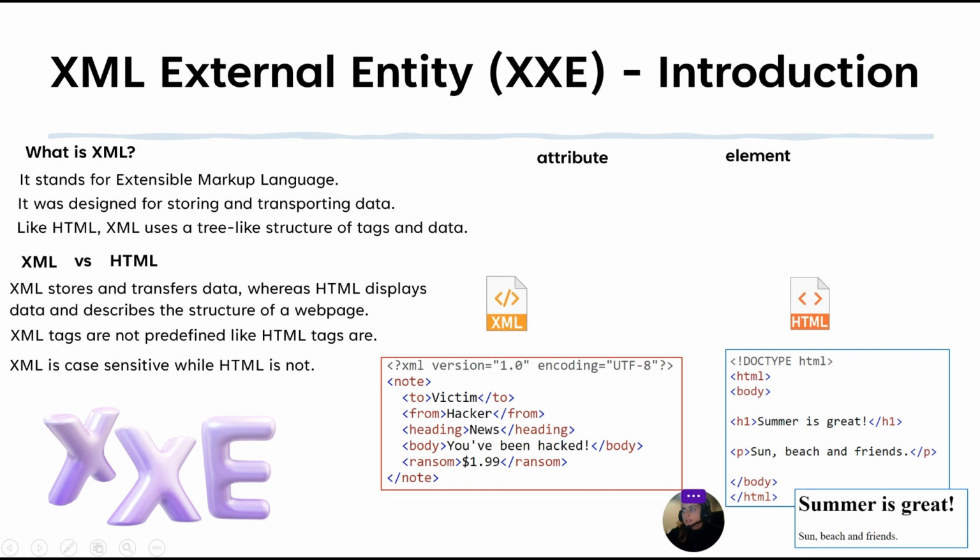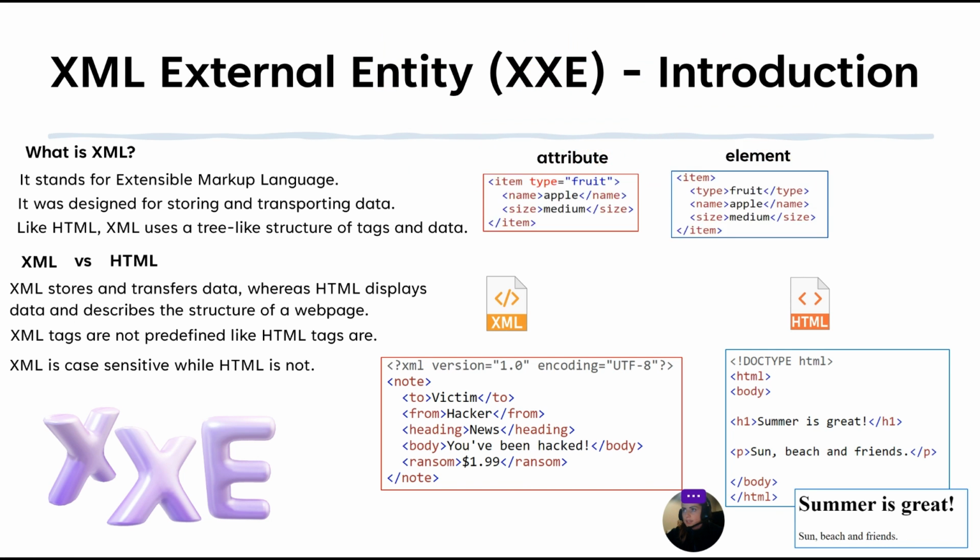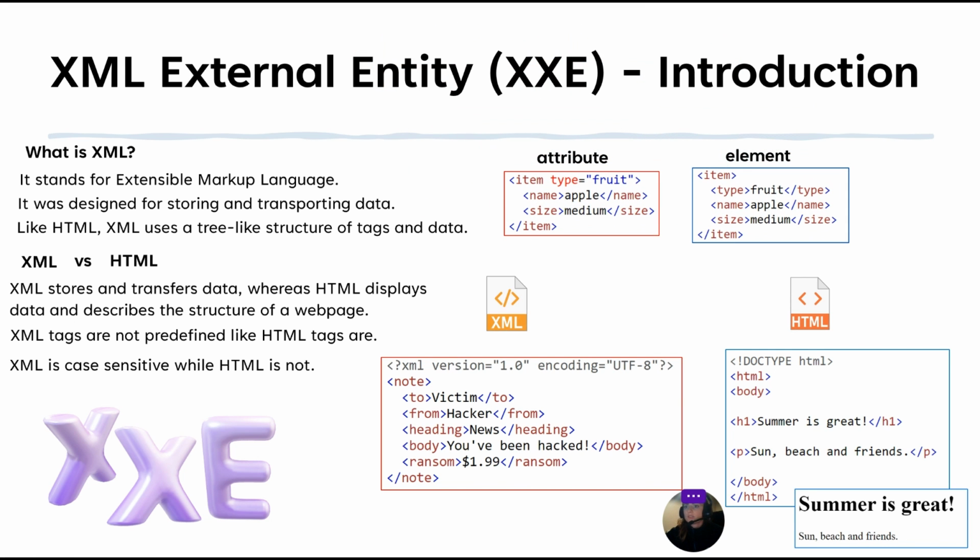An element is everything from the element start tag to the element end tag. And attributes are designed to contain data related to a specific element. So you can see here, that's the attribute, and you can see its type.